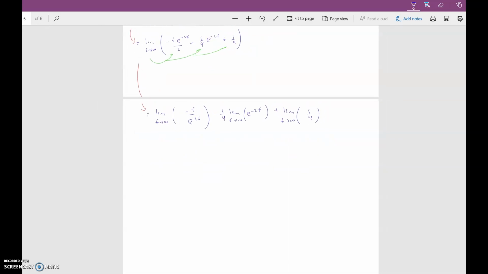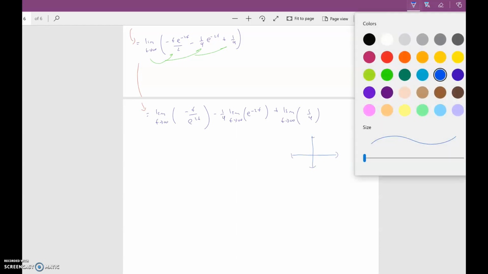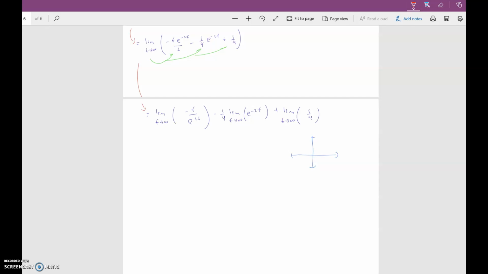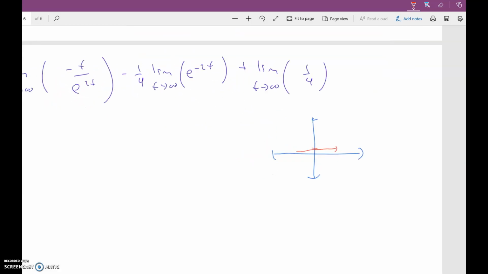Okay, so let me do the easy ones first. And that's going to be technically the constant. So for this one, let me just rewrite it as technically 1/4. This is a 1/4, assuming that it's a horizontal line.